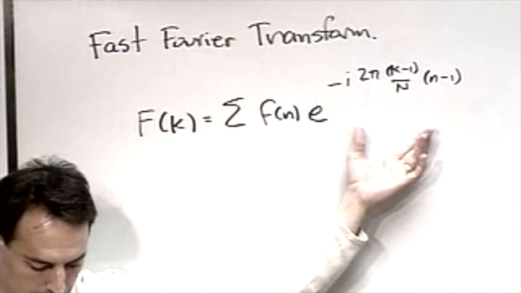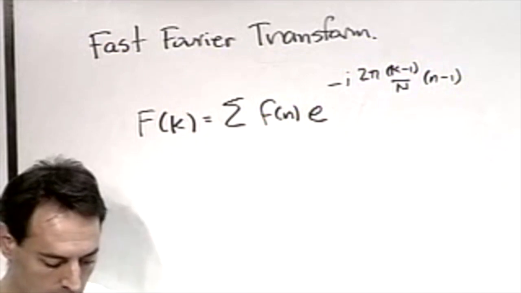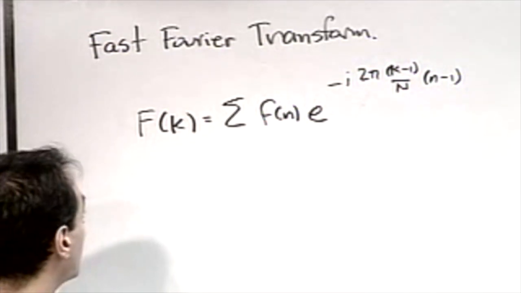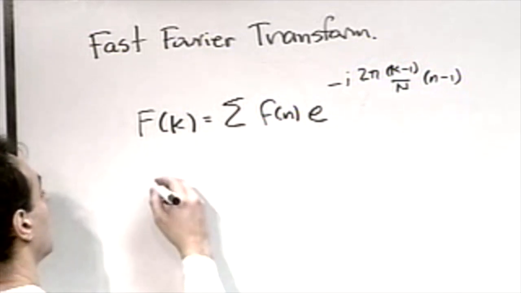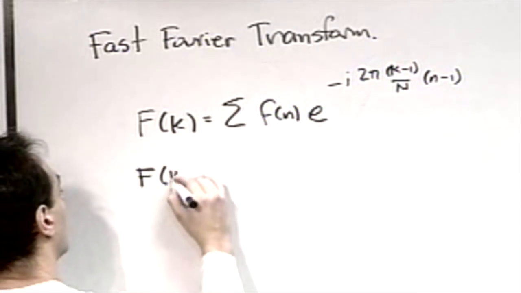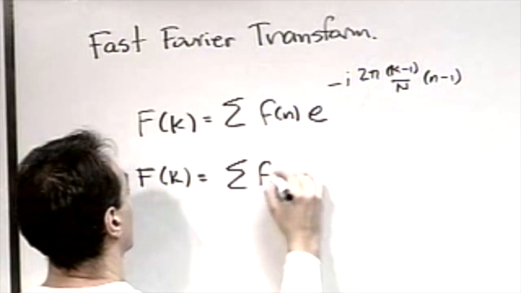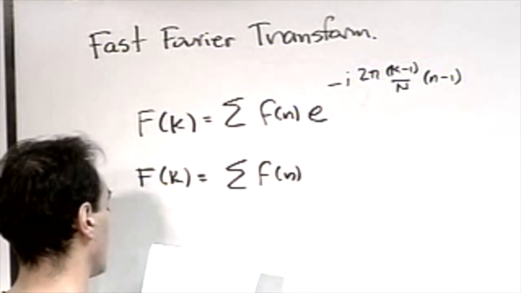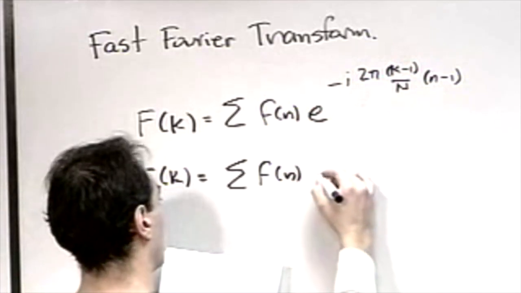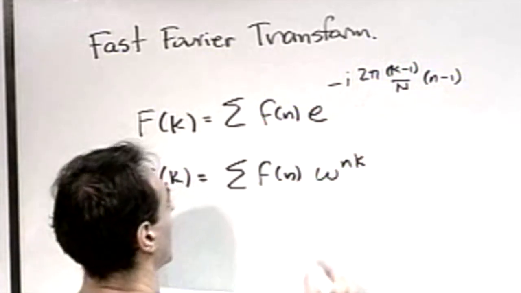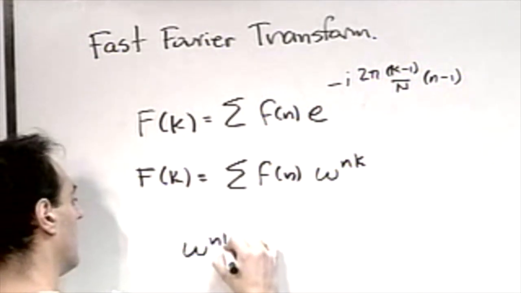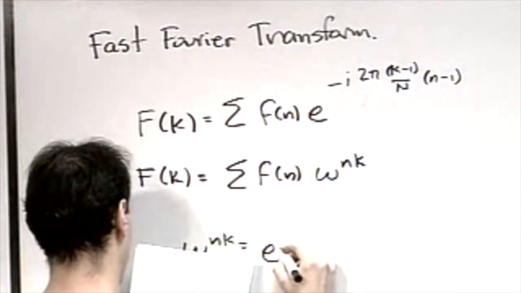It carries all the information. So one of the things you can notice is I can write this as f of k, and I can take this piece here and write it as omega and k, where omega and k is just this exponential.